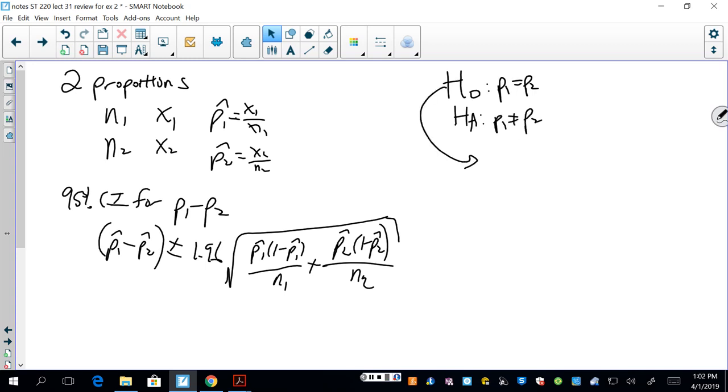Because they're equal, if they really are equal, we want to put all the data together and estimate that one thing, p hat, as x1 plus x2 over n1 plus n2.